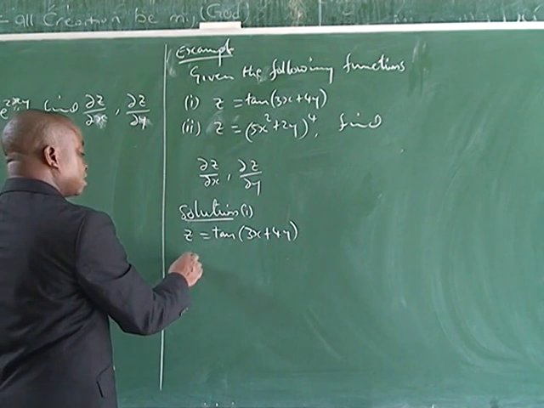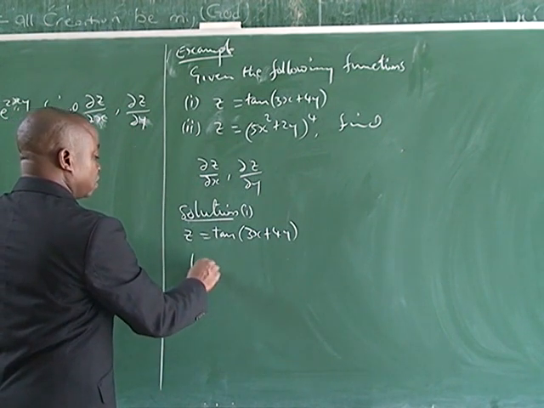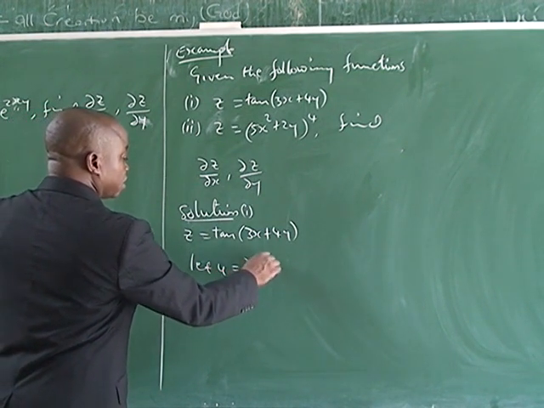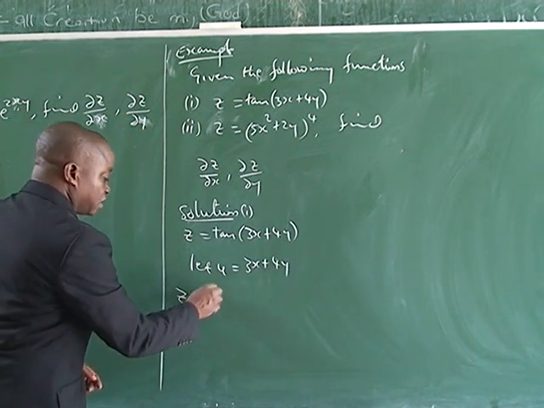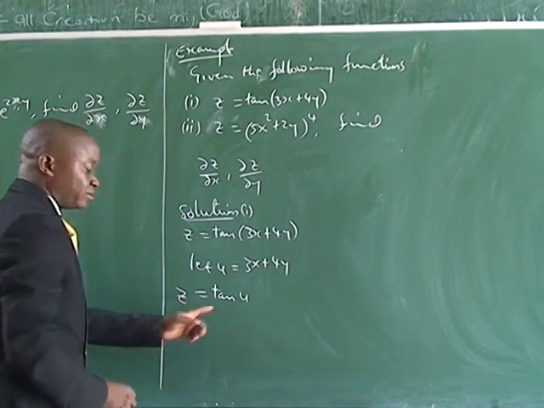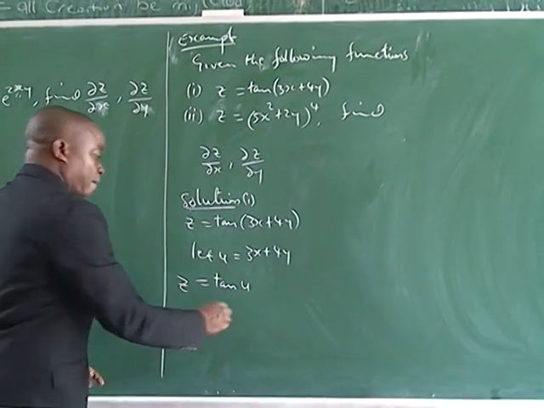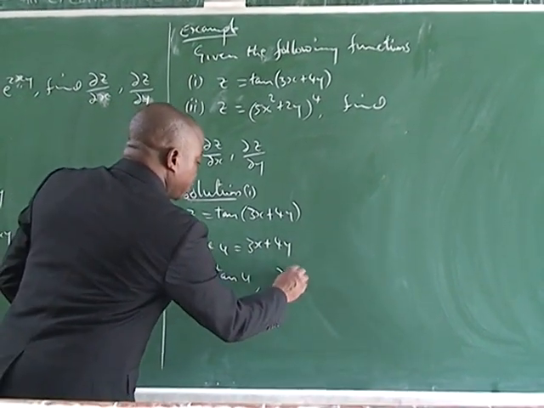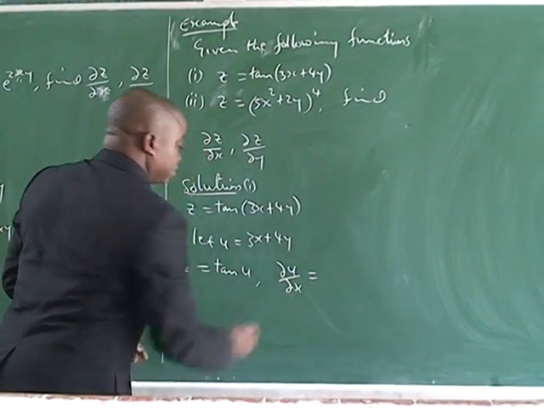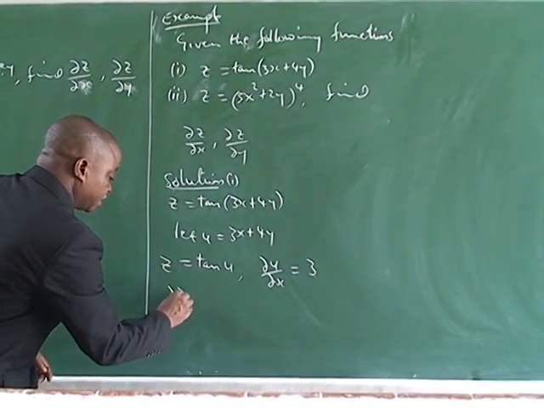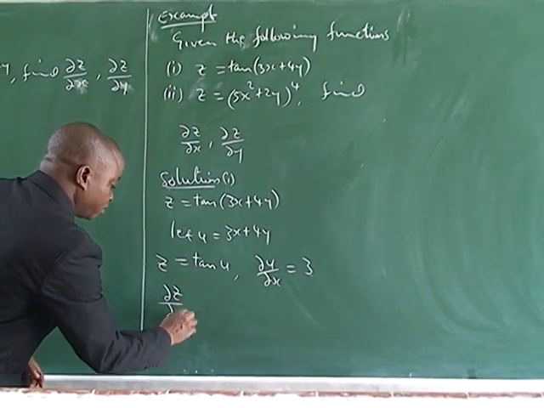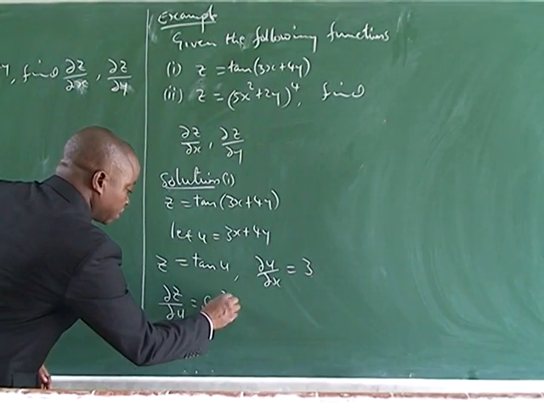This is the same thing as writing: let u is equal to 3x plus 4y, so that z is equal to tan u. Now, partial u partial x will be equal to 3. Partial z partial u is equal to sec squared u.